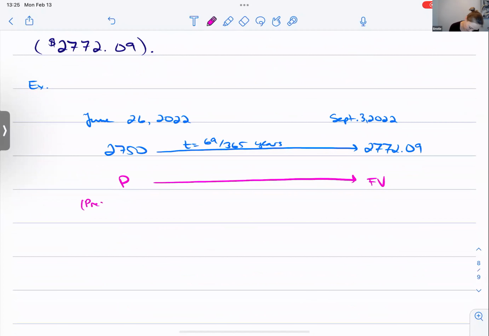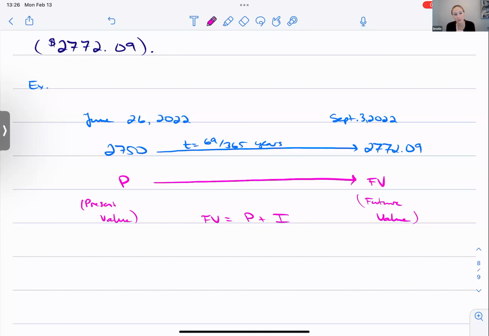So here we have this present value, and it becomes this future value. And the future value is the principal amount plus the amount of interest. So the future value is P plus I, the amount of interest.